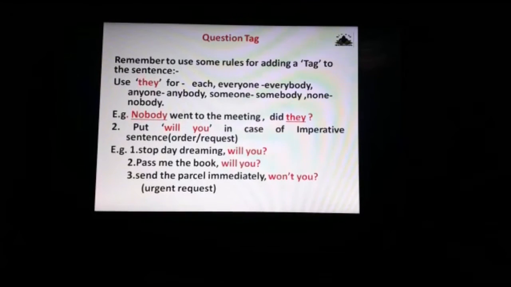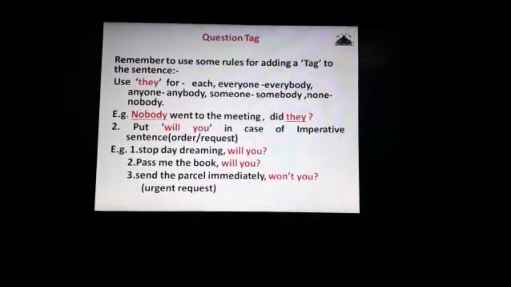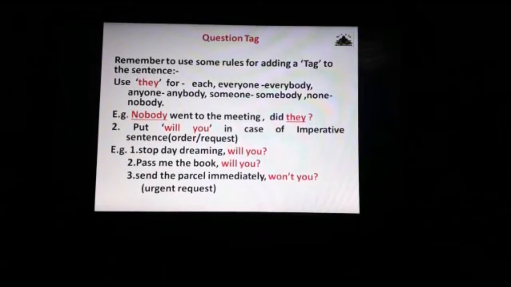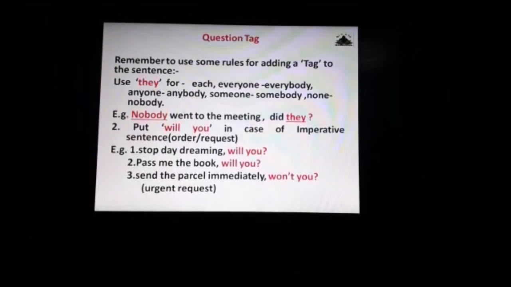Now, the first rule is to use they if you get words like each, everyone, everybody, anyone, anybody, someone, somebody, none, nobody. If these words have been used in the sentence, for all such words you are going to use they in the tag.